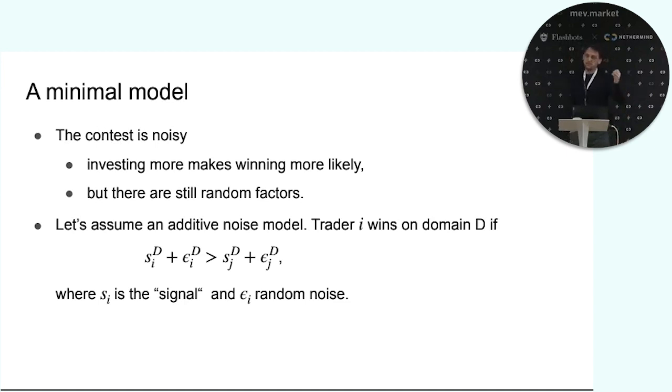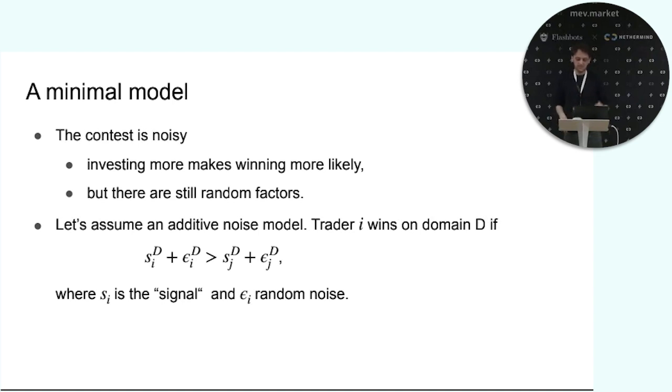Now, I wanted to talk a bit about this randomness in this contest, right? So I told you, okay, my mental model of a shared sequencer, on a bird's eye high-level view, is just a way of reducing noise in the competition. So you can think of a noisy competition, right? You make your investment as a searcher, as an arbitrageur, but you're not sure that you win, right?